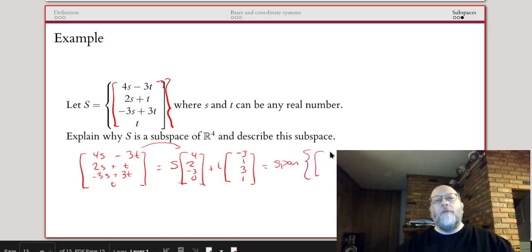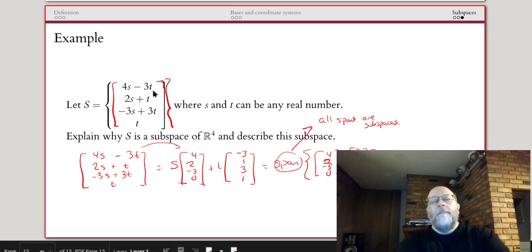It's a span of (4, 2, -3, 0) and (-3, 1, 3, 1). And now that we know that it's a span, all spans are subspaces. In this problem, I didn't straight up tell you it's a span, but we can separate out the s's and the t's and form this linear combination, and that's how we know that we are looking at a span.